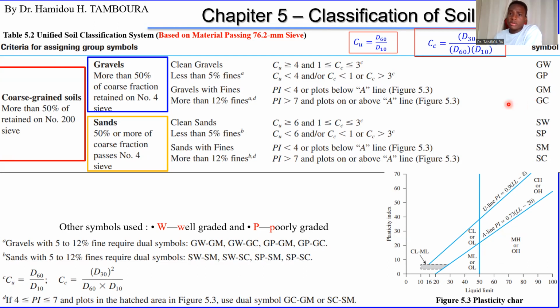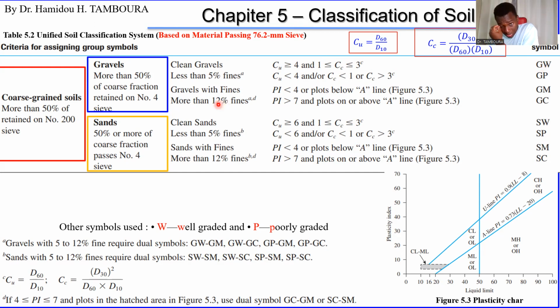For example, if these conditions are respected, the CU is higher or equal to 4 and the CC is between 1 and 3. This means you have this symbol. Okay, and then you don't know the amount, the percentage of fine is between 5 and 12.